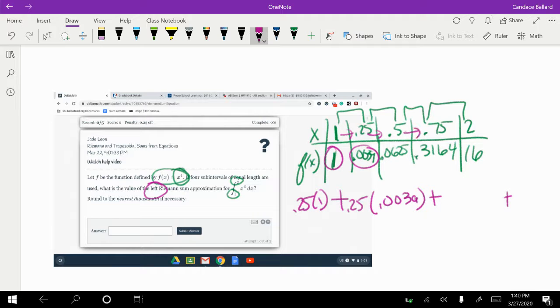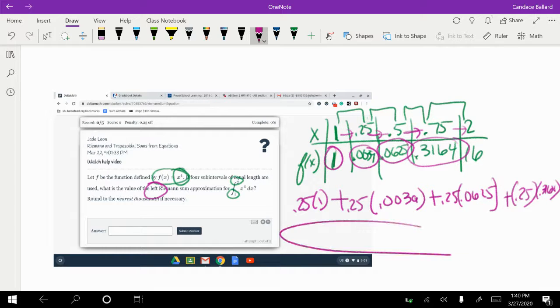My distance in between again is 0.25, and then my height is 0.0625. And then my distance in between is 0.25, and the height I'm going to use is 0.1364. And then all you have to do there is just add those up, and you should get the answer.